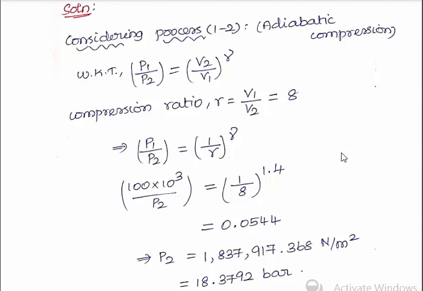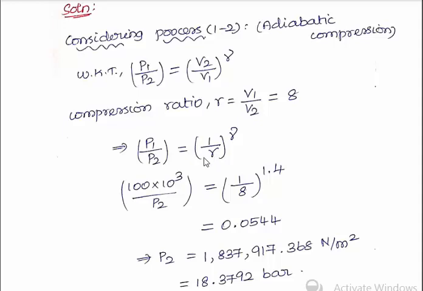So we know the PV relationship for an isentropic process, P1 by P2 is equal to V2 by V1 power gamma. So inge volume data edhuvume kudukkalappa. So first problem nammah solve pannirundhadhula clearance volume data appuram stroke volume calculate panradhukkulla data irundhadhu, but inga indha volume oda dataavum illa. So adhukku badhila compression ratio value kuduthirukkaanga. Compression ratio R is V1 by V2 appadinnu namakku theriyum. So indha relationship la V2 by V1 appadingira value namakku venum, but V1 by V2 adhuthaan R, adhoda value namakku theriyum. So adhanaala V2 by V1 ah 1 by R appadinnu substitute pannikkalaam, because R is equal to V1 by V2.